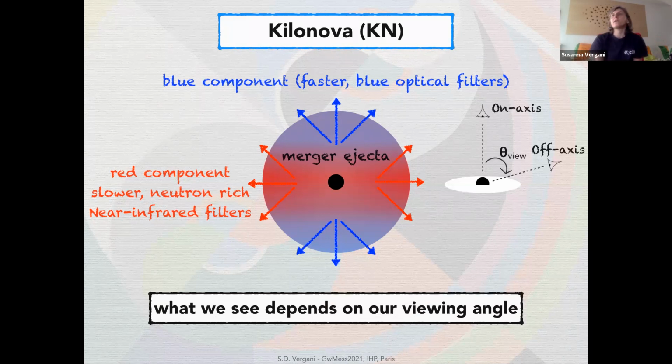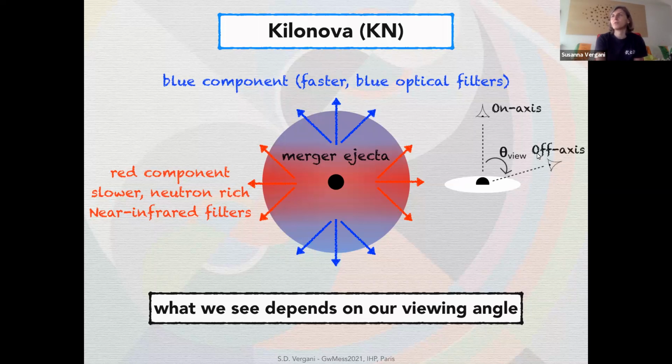Of course, what I will observe depends on the viewing angle that I have, okay? The viewing angle on the pole is what we call on axis, and as soon as we move away from this angle, we increase the observer viewing angle, and we call this off axis.